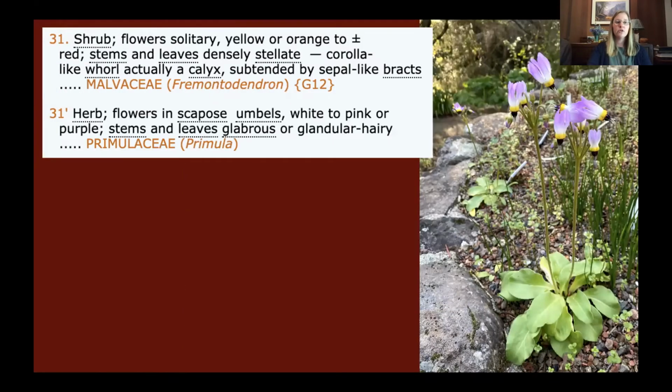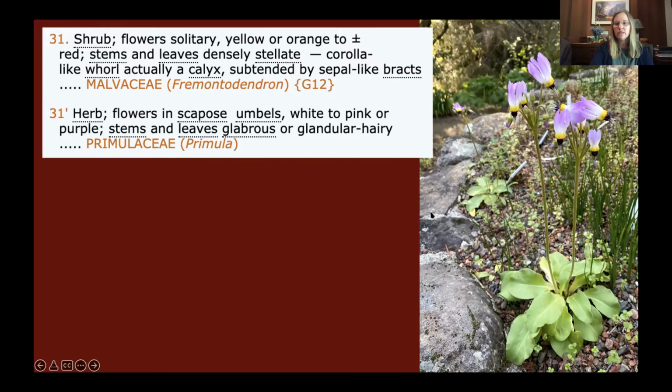So then we have a shrub, flowers solitary, yellow or orange to more or less red, stems and leaves densely stellate, corolla-like whorl, actually a calyx, subtended by sepal-like bracts, which would bring us to Fremontodendron in the Malvaceae, or herb, flowers in scapose umbels, white to pink or purple, stems and leaves glabrous or glandular hairy.